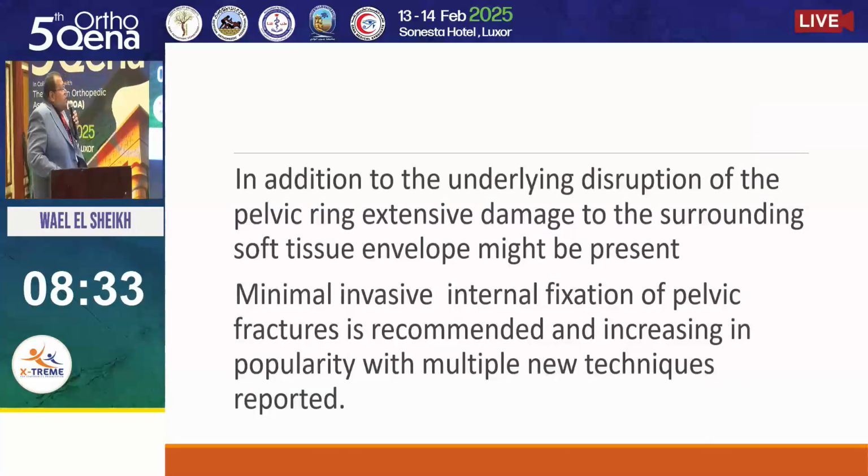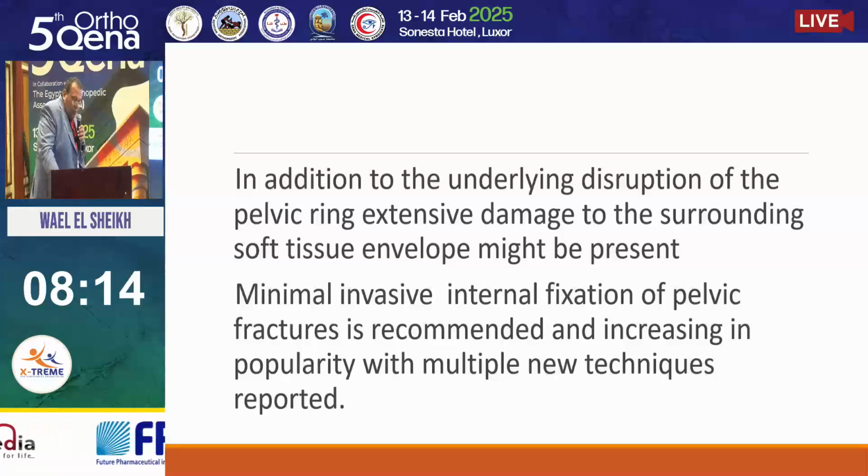In addition to the underlying disruption of the bony pelvic ring, there is extensive damage to the surrounding soft tissue envelope, and so minimal invasive internal fixation of pelvic fractures is recommended and is increasing in popularity with multiple new techniques.